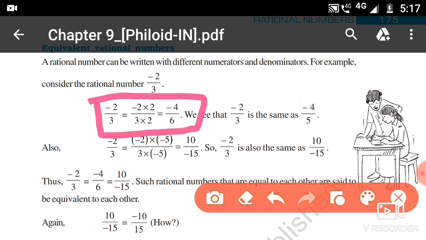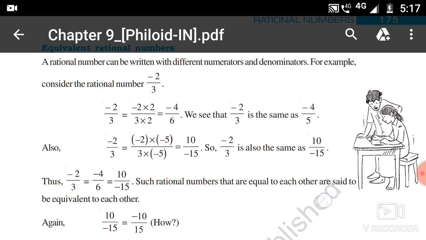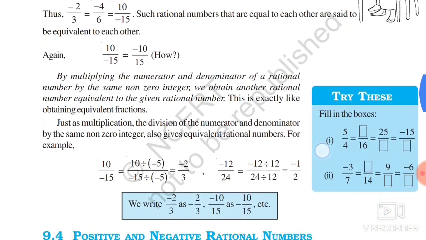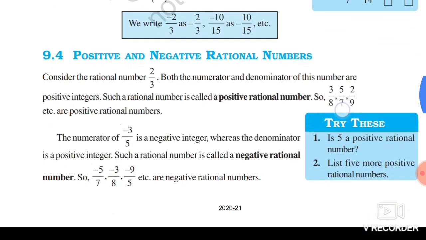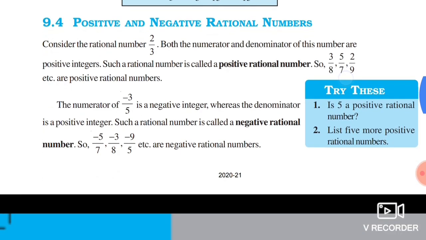Then we are moving on to the next chapter. What have we learned? It is about positive and negative rational numbers. Positive rational numbers are those where the numerator and the denominator are positive integers. A negative rational number will have either a numerator or denominator with a negative number, but in particular here, if the numerator of a number is negative whereas the denominator is a positive number, such numbers we call negative numbers.